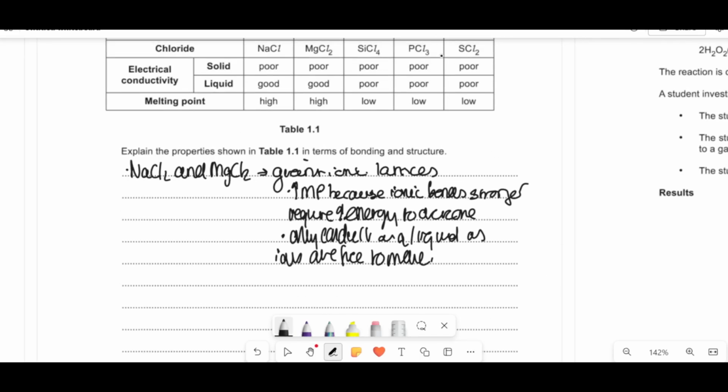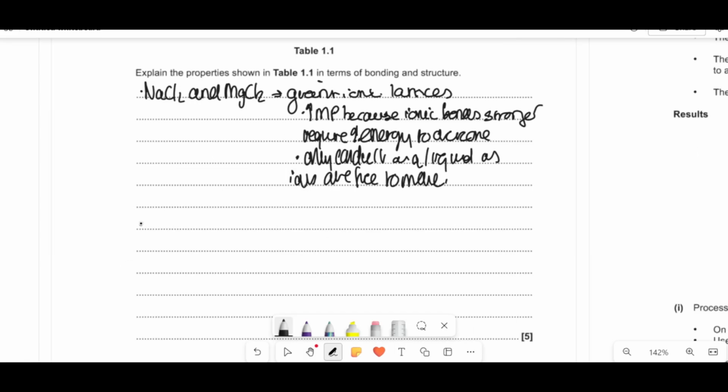Now, if we have a look at the SiCl4, PCl3, and SCl2, in all three of these, it's covalent. This is simple covalent, and that's simple covalent. Don't get thrown off by the Si bit. SiO2 is your giant macromolecular, giant covalent, right? Here, these are all simple molecular compounds, and the fact that they've all got low boiling points or melting points also gives it away. So all three of these, SiCl4, PCl3, SCl2, are simple molecular, and when you say lattices, it's just because they're solid.